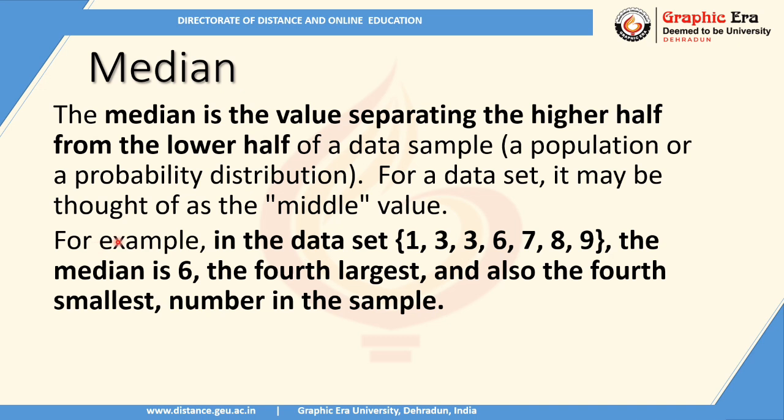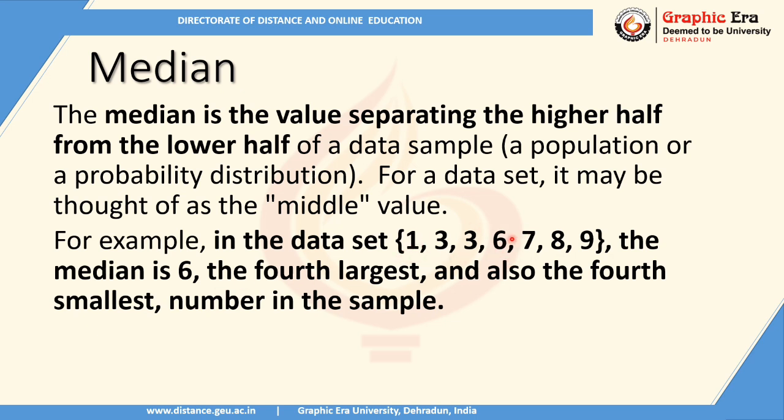For example, in the data set 1, 3, 3, 6, 7, 8, 9, the median is 6. How do we get it? We select the value which arises just in the middle, whether it is a greater value or a lesser value. This 6 arises in the middle, because before 6 there are 3 values, and after 6 there are also 3 values. So 6 is the median.